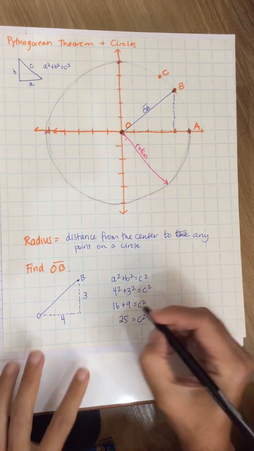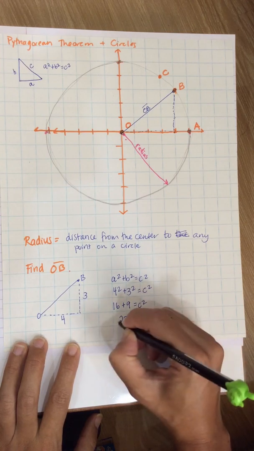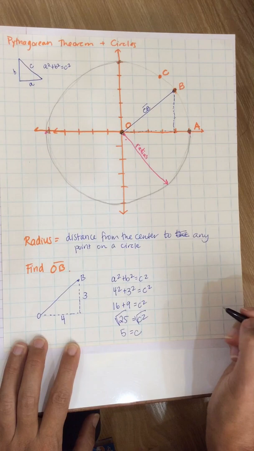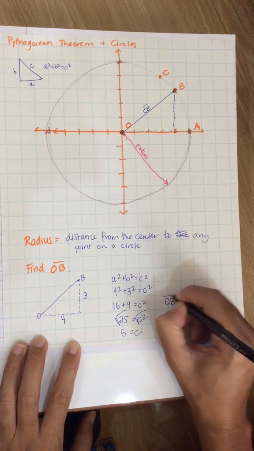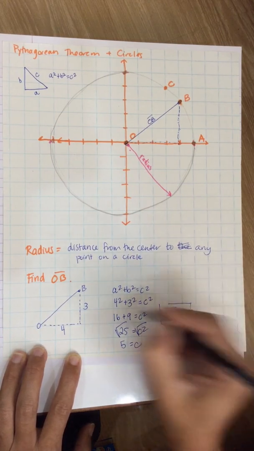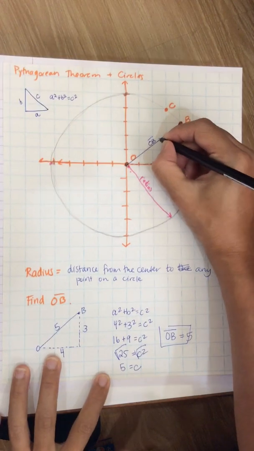Now I can solve for C. What's the opposite of squaring a number? It's taking the square root. The square root of 25 is 5, so C is 5. The line OB is 5. That's not a perfect square root in general, but right there it's 5. So I could even come up here and say that's 5.